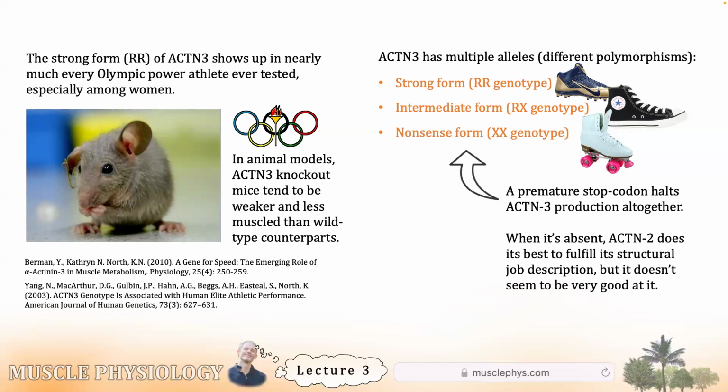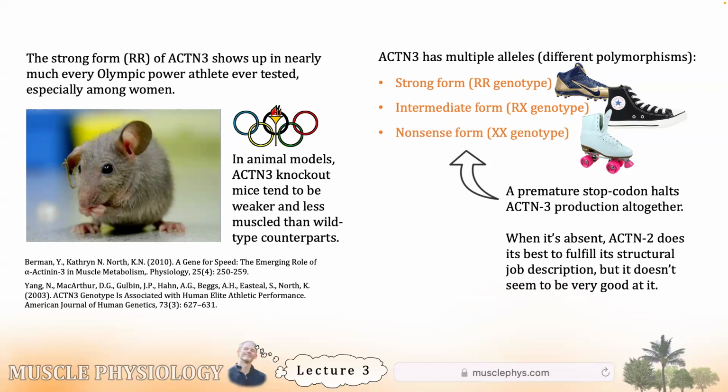If you're going to try to pull on something, it matters how tightly it's secured, how tightly it's adhered. So, your traction. If you think of cross-bridge cycling, which is in the next lecture, as myosin pulling on actin, like a tug of war, doing it with the strong form of alpha-actinin is like tugging with cleats.